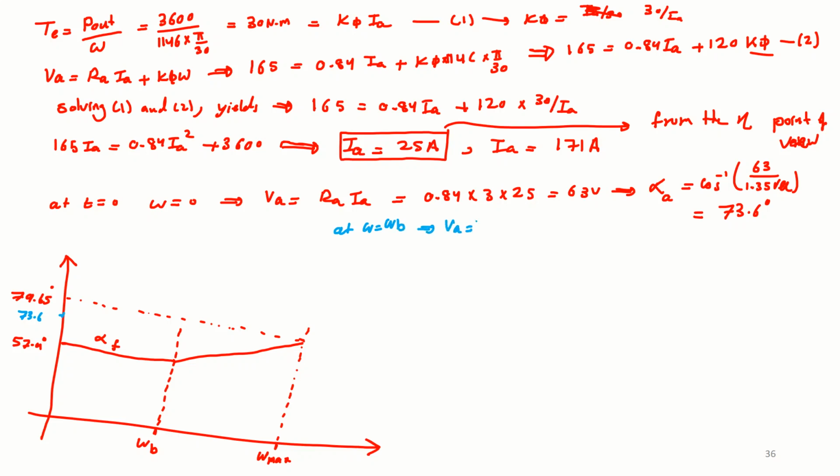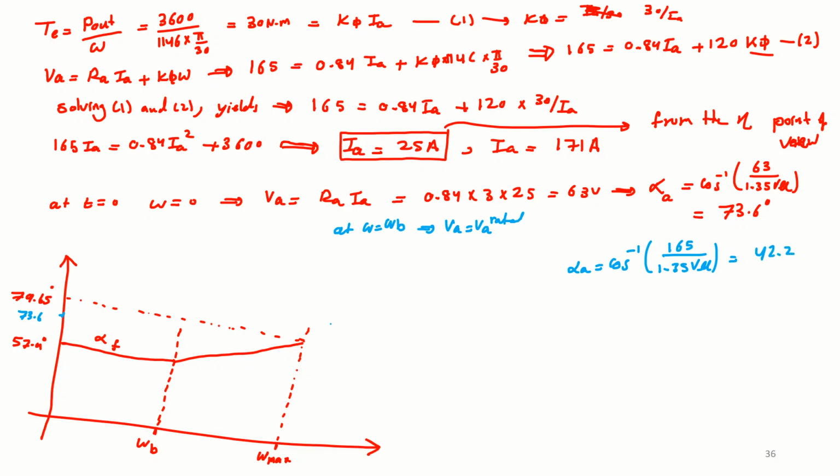VA must equal VA rated. So from here we can calculate the alpha at omega base. So alpha A will equal cosine the inverse of the rated voltage, 165 over 1.35 V line to line.